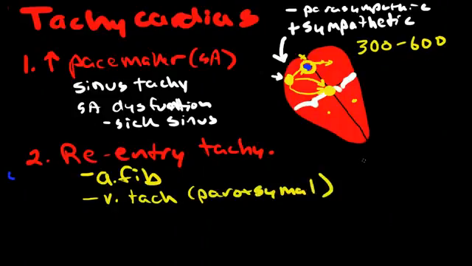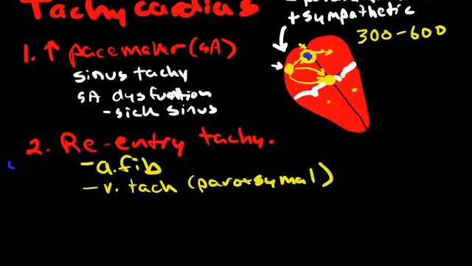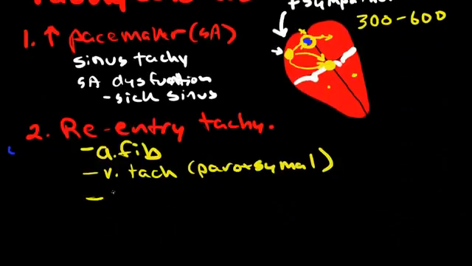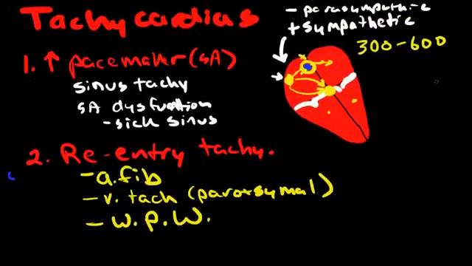And another type of reentry tachycardia that's very famous is called Wolff-Parkinson-White syndrome, or WPW. Wolff-Parkinson-White syndrome is very interesting. Now remember I told you that in a normal heart the cartilage of the valves and the annular rings around the valve completely separate the atria and the ventricles.